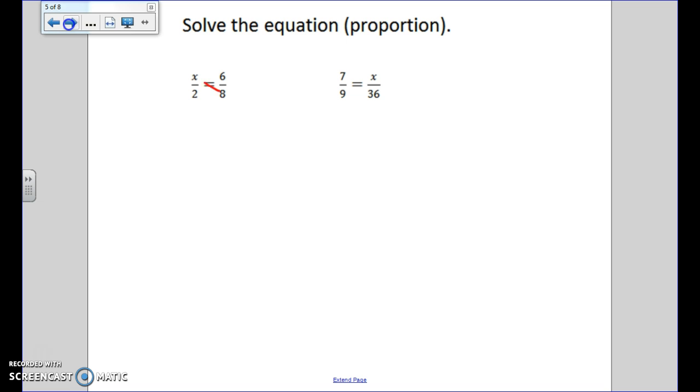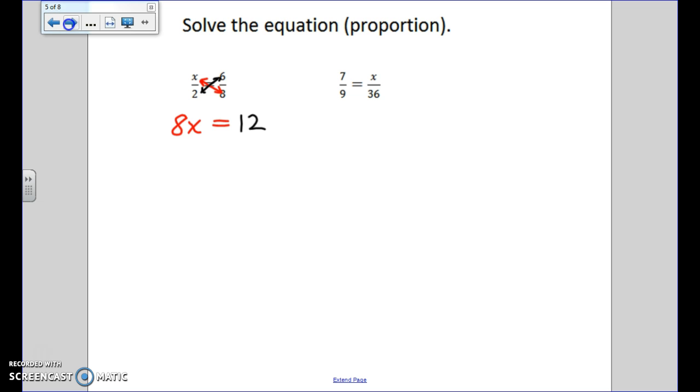If I multiply 8 by x crossways, or x by 8, however you would like to think of it, I know 8 times x is 8x. Then I'm going to set my equal sign, and I know that when I multiply 2 times 6 or 6 times 2, that equals 12.